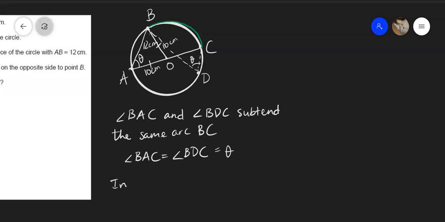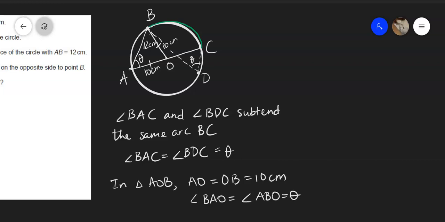So in triangle AOB, AO equals OB equals 10. And also it means that the angle BAO is equal to the angle ABO, and they are both theta. What it means is that the angle BOA of the same triangle equals 180 minus 2 theta.